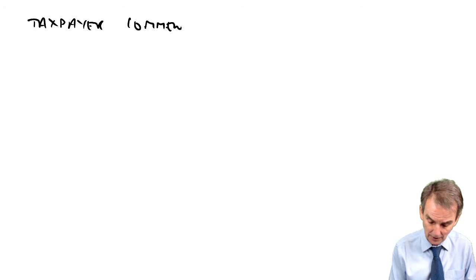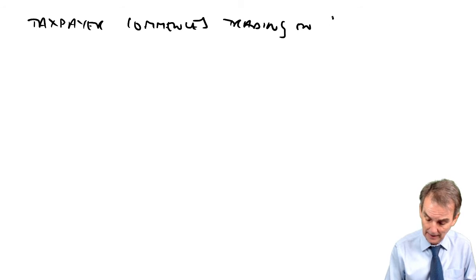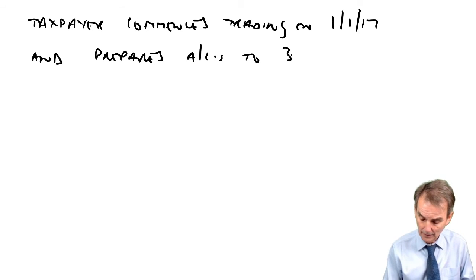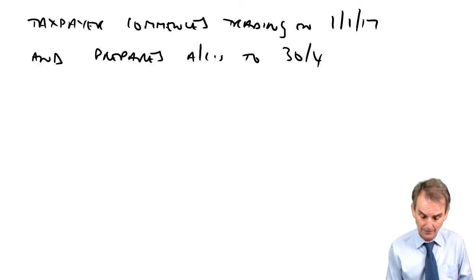So now, therefore, the taxpayer commences trading, starts to trade, on again the 1st of January 17 and prepares accounts to the 30th of April.